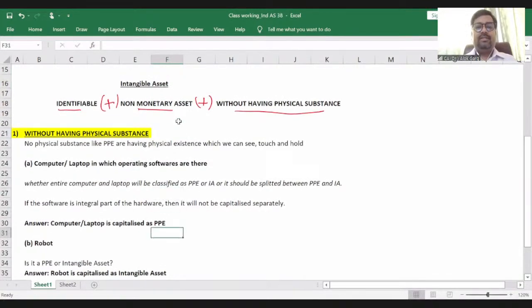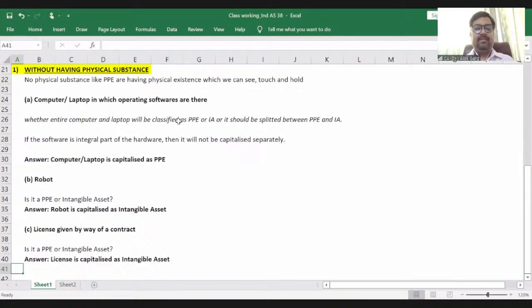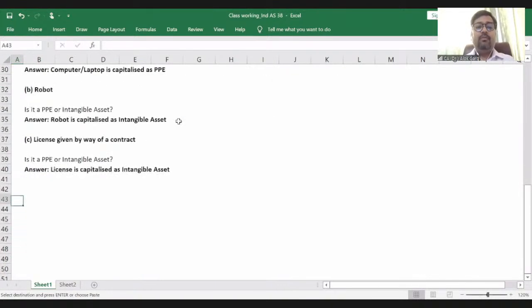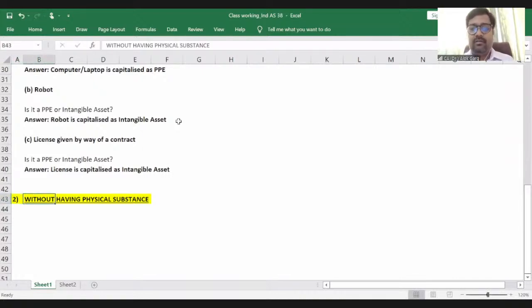Second, non-monetary asset. What is meant by non-monetary asset? Friends, can you answer this quickly? The more you interact, the more you learn. And our objective is to clear the CA Final examination, right?